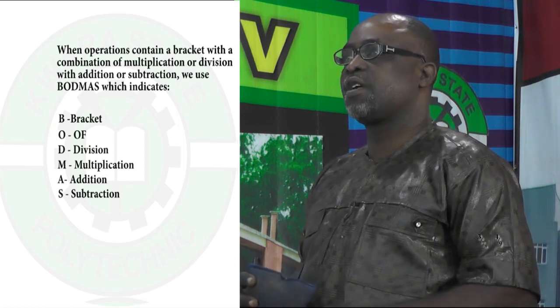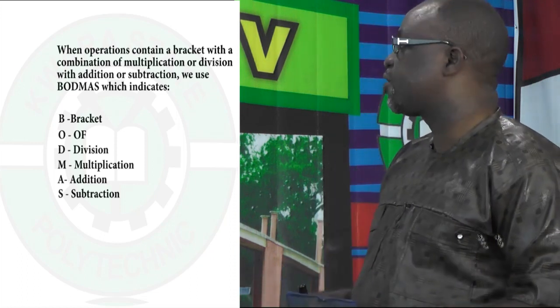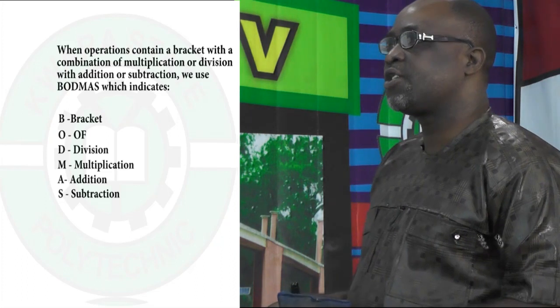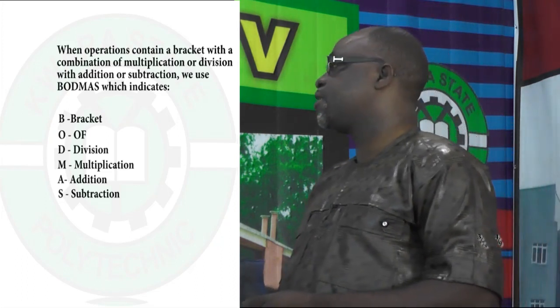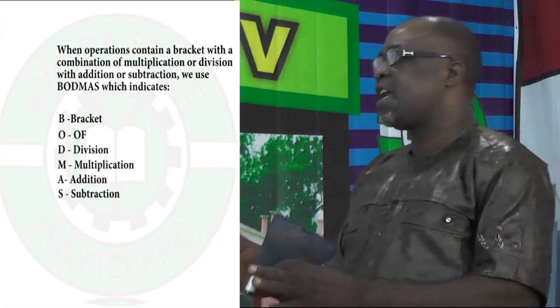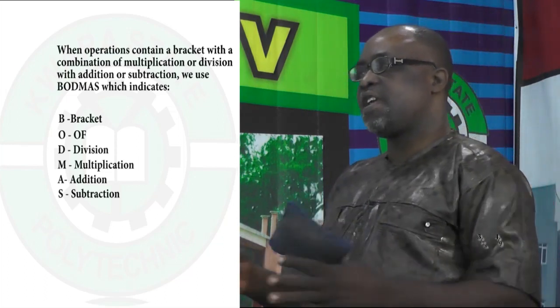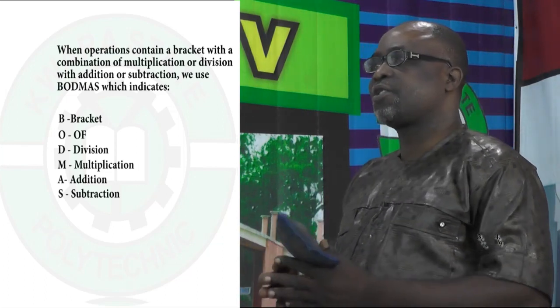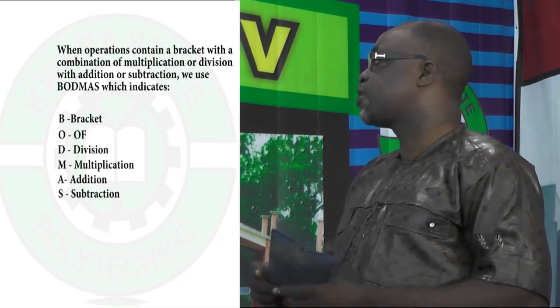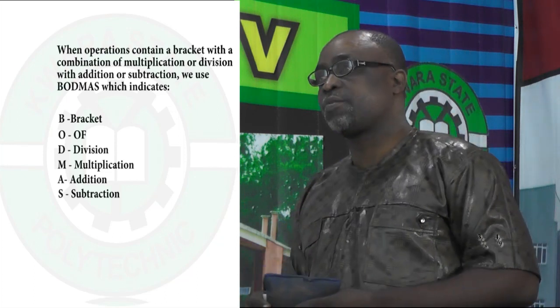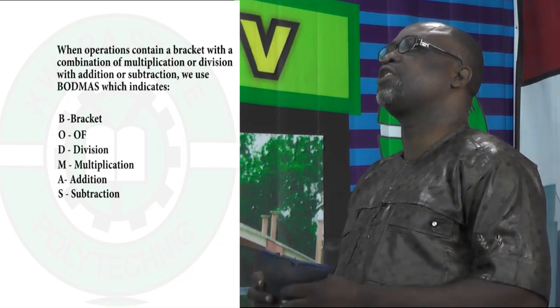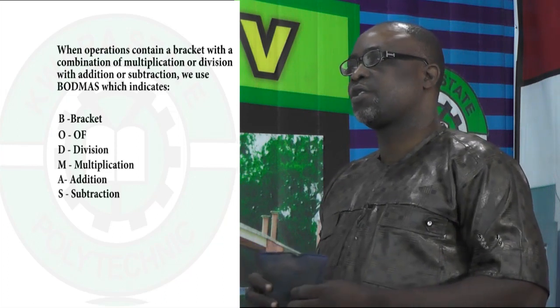D is division, M is multiplication, A is addition, and S is subtraction. Now, these are the order. In any mathematical expression, when you want to simplify it, we must follow this order judiciously.